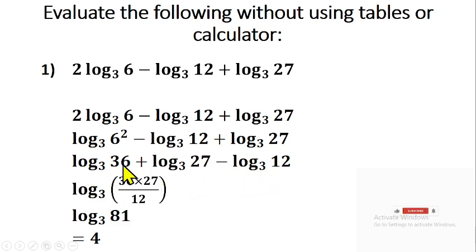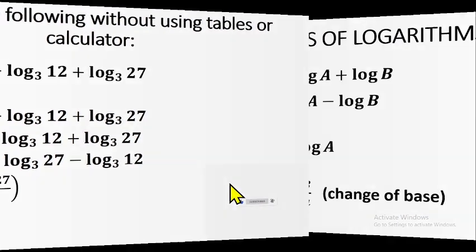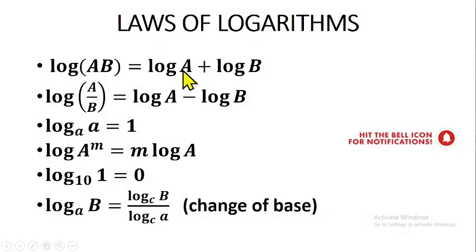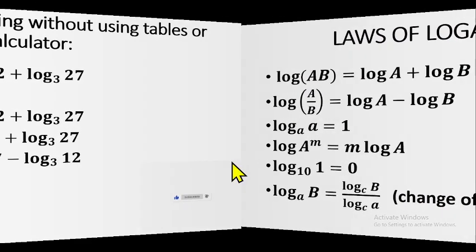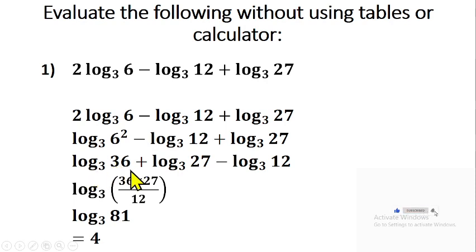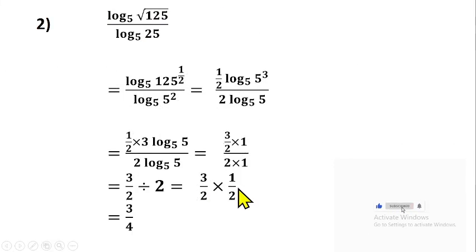Then look at what you're having here. This one and this one, you're having plus there. That means you can apply the first law here, that whenever you're having log a plus log b, it can become log ab. So you can pick log base 3. Then this will be 36 times 27. Let's go back, please.